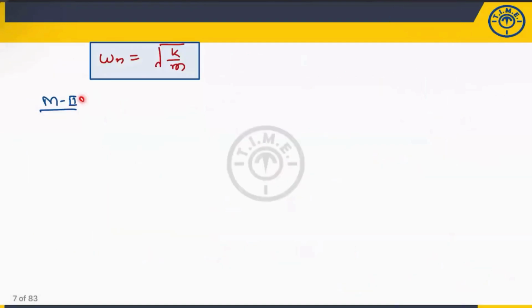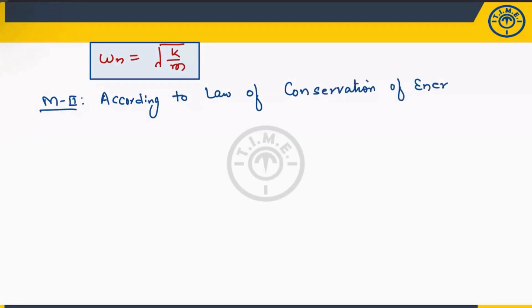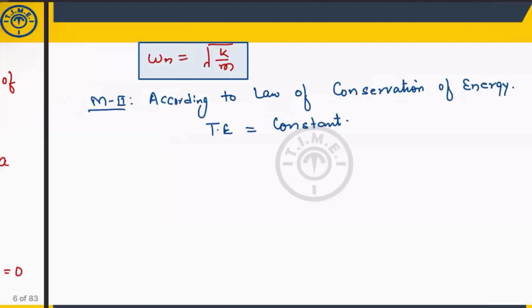So according to the law of conservation of energy, you already know the total energy will be constant. Now, what are the energies stored in this system?